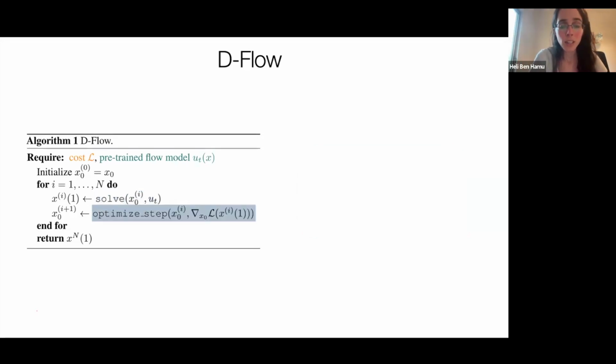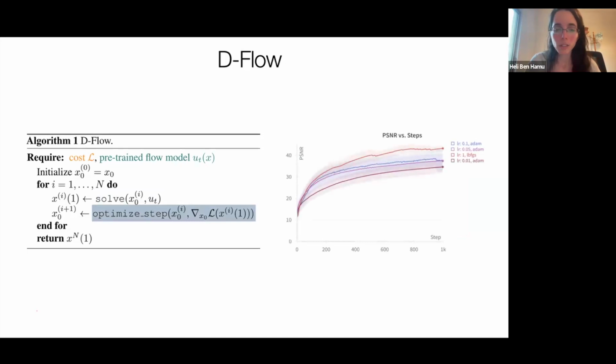And the last thing that we're going to discuss is how do we optimize our algorithm? Which optimizer are we going to use? And the answer is that we used the LBFGS optimizer. And it is simply due to the fact that our optimization here is not stochastic. We don't have batches or anything like that. We have a deterministic optimization, and we could use the benefits of this LBFGS algorithm.